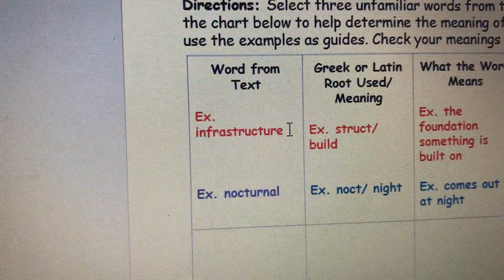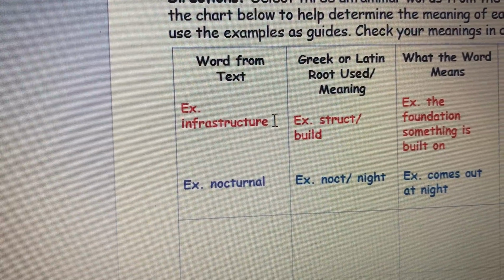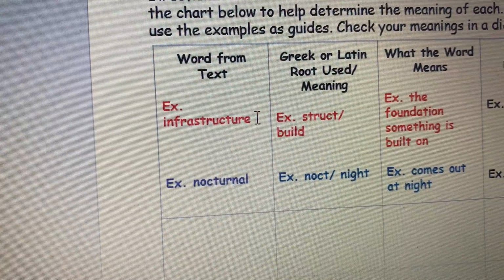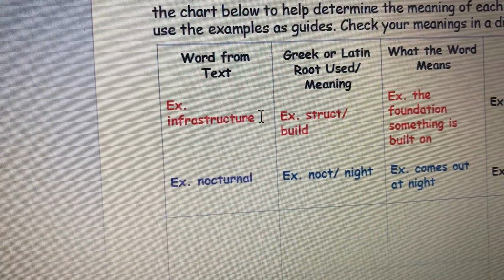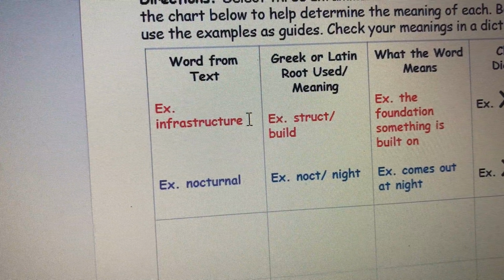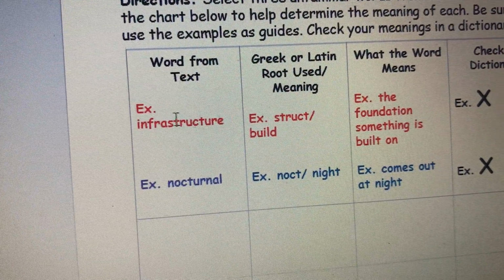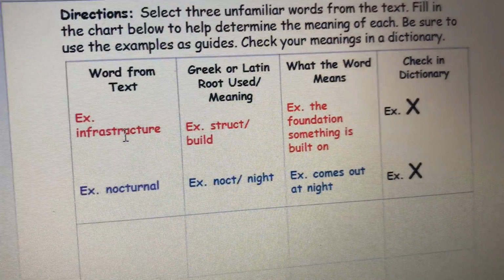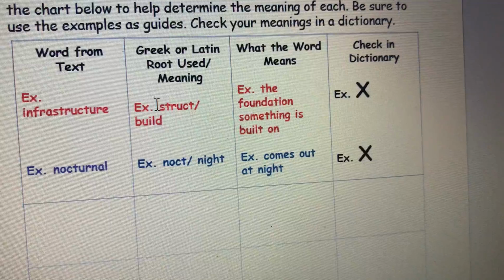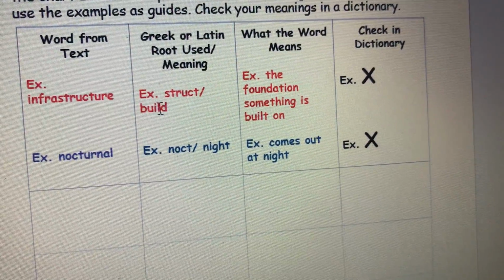The word does not have to be completely unfamiliar, just unfamiliar in terms of the student has never analyzed it, broken it down for word parts for meaning. After writing down the word from the text, the students will then fill in the root that appears in the word and then the meaning for that root.